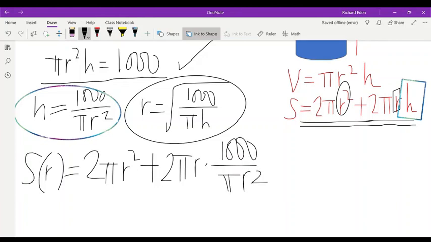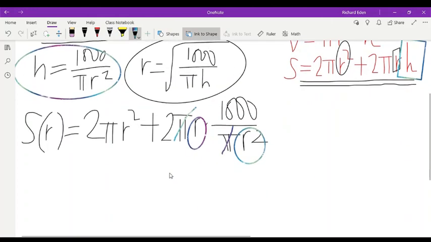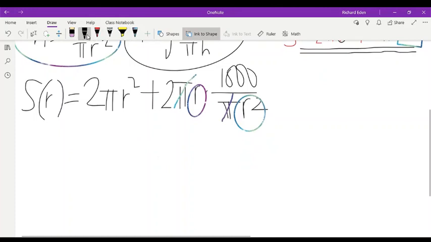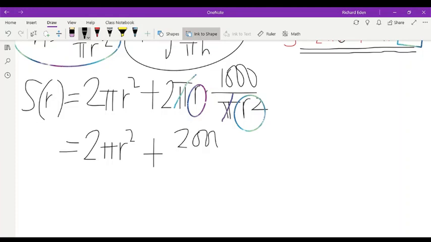We just have to clean this up. We could cancel the pi's, and then you have this r and this r squared down here acting together. So we have now 2 pi r squared, and then 2 times 1000, so you have 2000. No pi's left, instead just a single r.